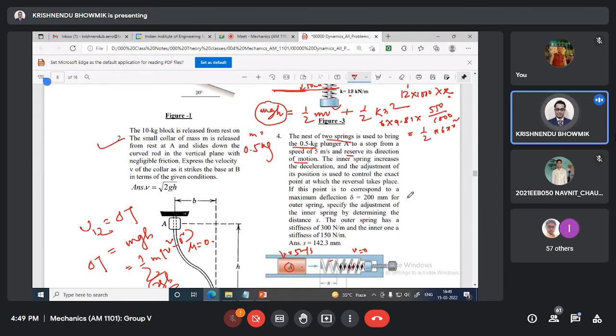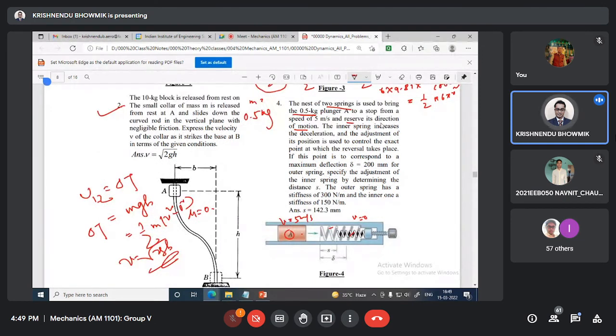The inner spring increases the deceleration. Initially this will hit and come in contact with the outer spring. Then it will move by distance s, then it will touch the inner spring. Further it will decelerate. The adjustment of its position is used to control the exact position at which the reversal will take place.